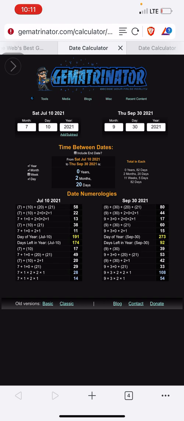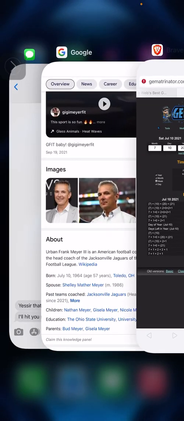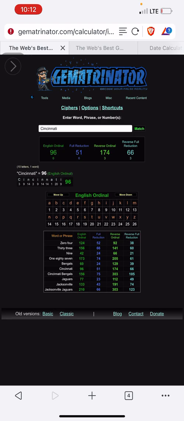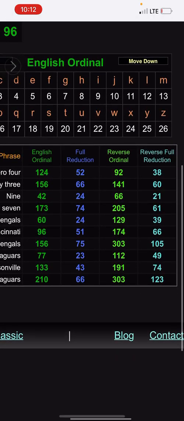Let's see if the Bengals win. I want to see if that 0-4 thing comes through with the 92 days left in the year. That would be trippy, man.